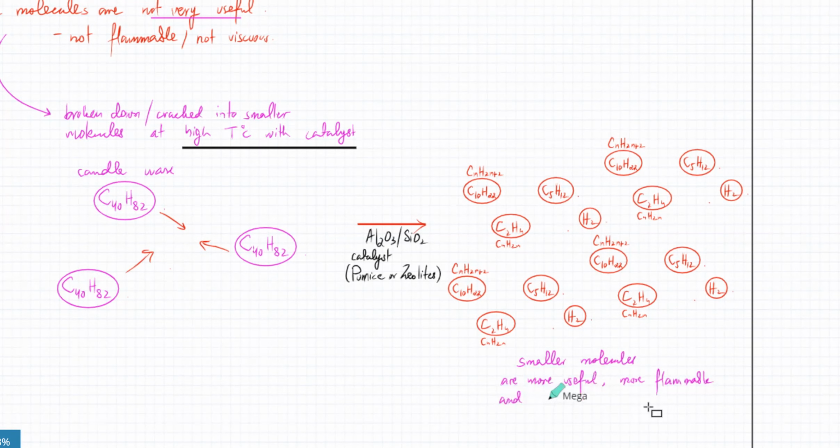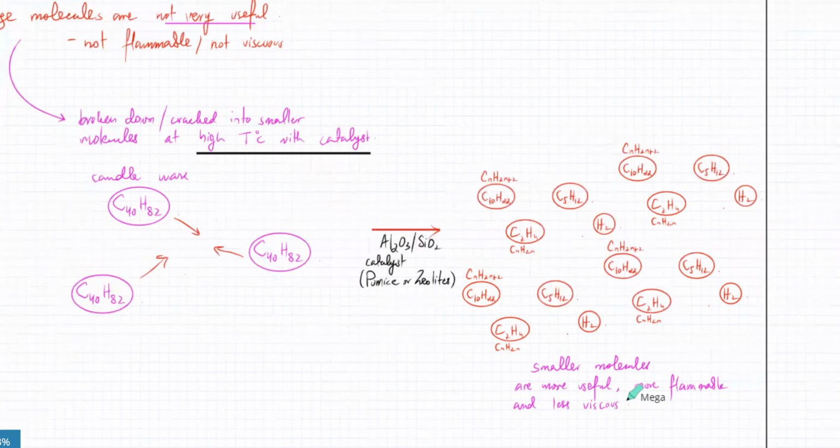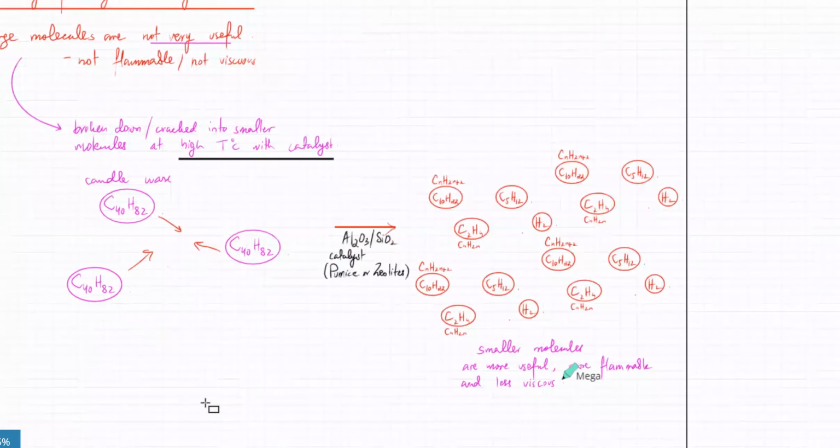And less viscous, which means that they flow very easily through pipes, etc. So you can transport them very easily. So वो वाला मसला भी नहीं होगा इसमें. So all the waxes that you take, all the bitumen that you have extra that you've produced from crude oil, it's broken down into smaller pieces.